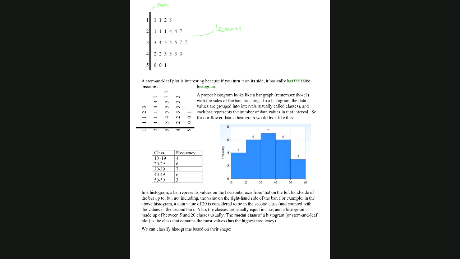Okay? And each bar represents the number of data values in that interval. So for our flower data, a histogram would look like this. And what you usually do is you make a frequency chart with, instead of each of the values listed, the class. And this helps you to draw the histogram.